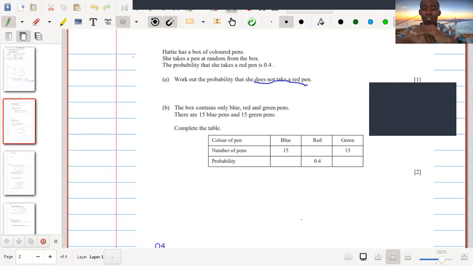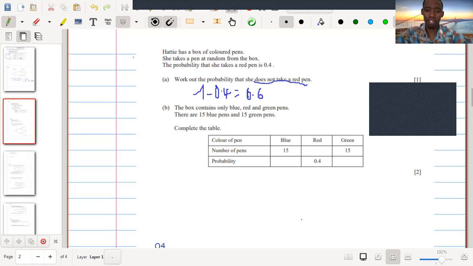Does not, it's the complement. That means the probability for an event to not happen. You just take 1 minus the probability of the event to happen. So I'll simply take 1 minus 0.4, and I get 0.6.